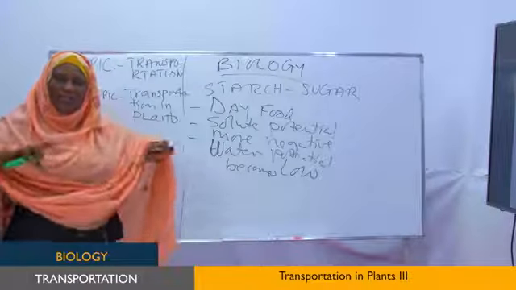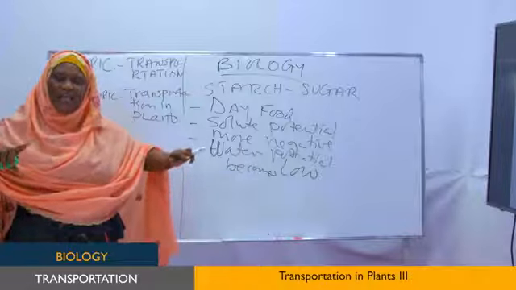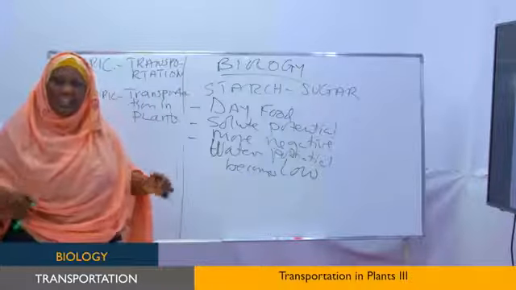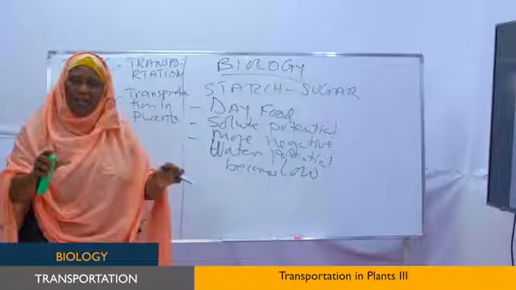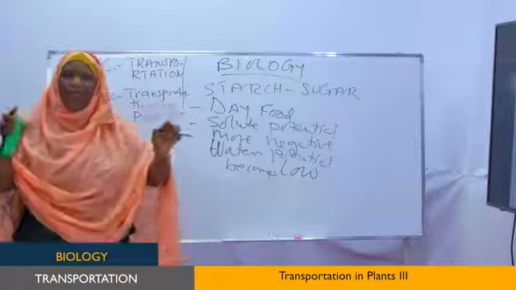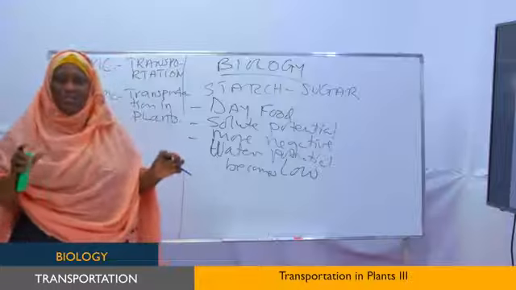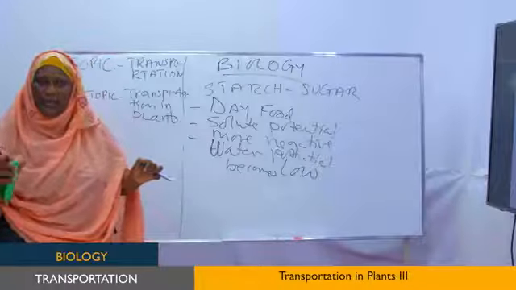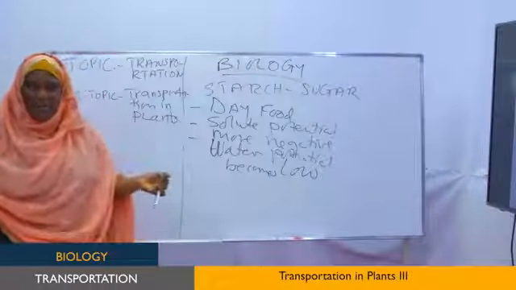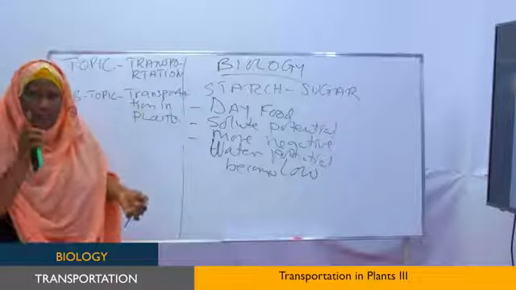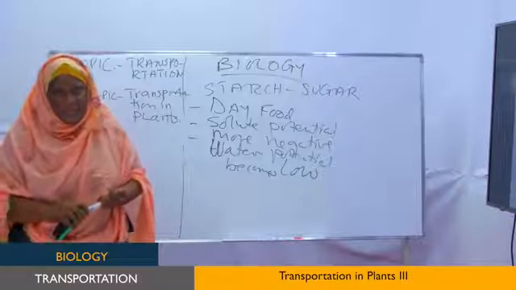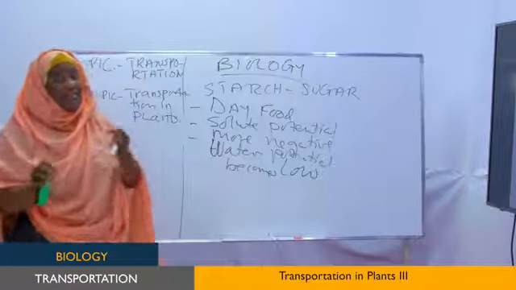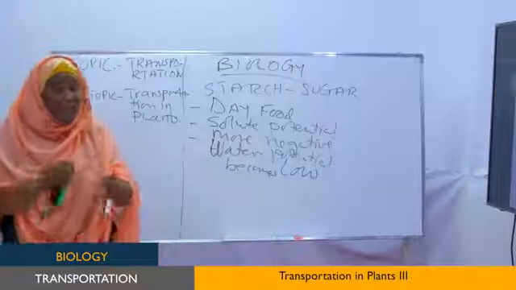When they expand, the cells become turgid, and that turgidity leads to the opening of the pore there. The pore becomes open. That pore is what is called the stoma. The stoma becomes open. But in darkness, vice versa takes place. But you don't write vice versa takes place. You are required to explain.